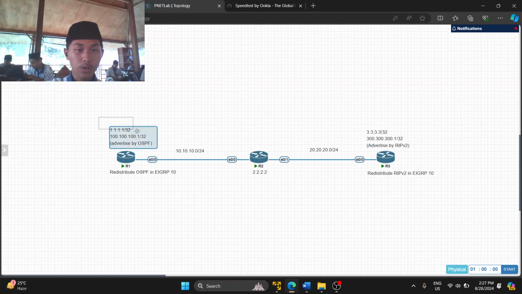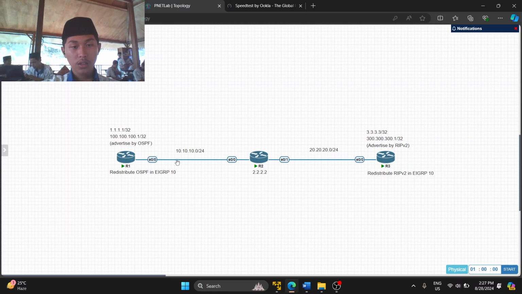First, for router 1, we have IP loopback 0 with the IP address 1.1.1.1 prefix 32, and also loopback 1 with the IP address 100.100.100.1 prefix 32, and it will be advertised by OSPF.